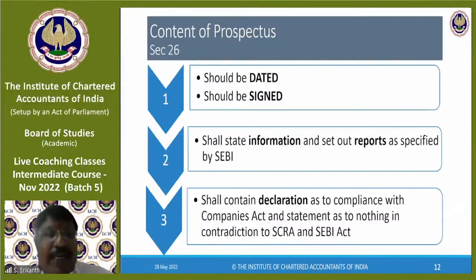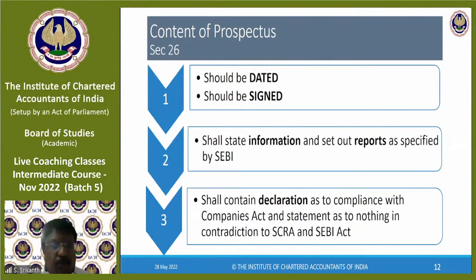Prospectus should be dated because that date will be the date of issue. Prospectus should be signed. It shall state the information and set out the reports as specified by SEBI. SEBI also has elaborate rules on content of prospectus.